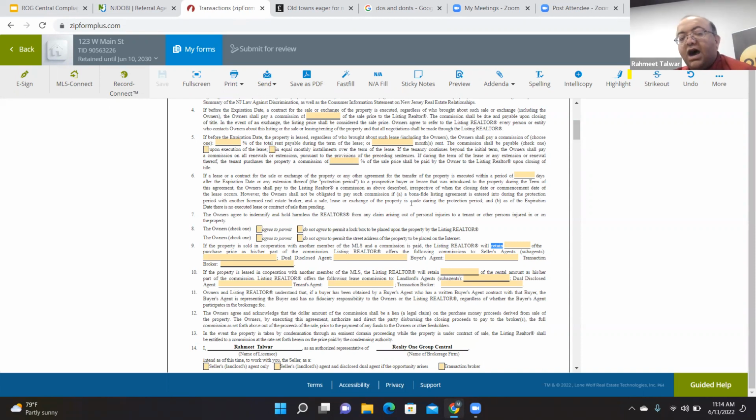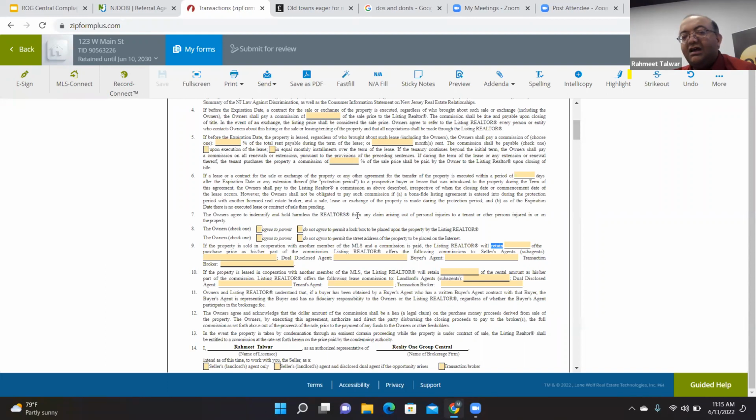So I'm going over Monmouth forms today. Different listing agreements are a little bit quirky, so you have to look at each one. There's Garden State, there's Central Jersey. Bright doesn't have a listing agreement.